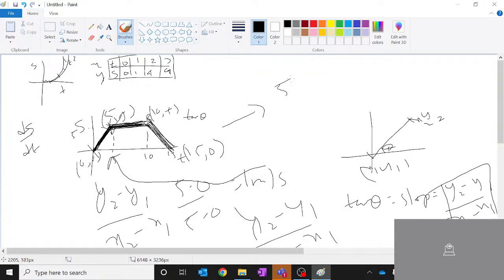Y2 is 5 minus y1, which is 0, divided by x2 minus x1. What is x2 minus x1? This is 15, this is 10, so this is 15 minus 10, which is nothing but 5 by 5, correct? Understood?